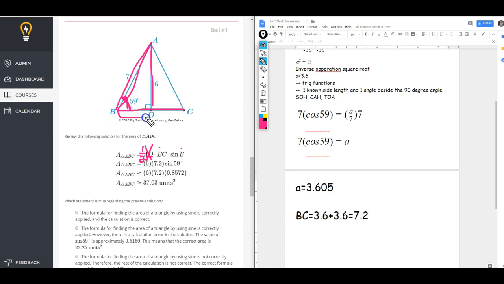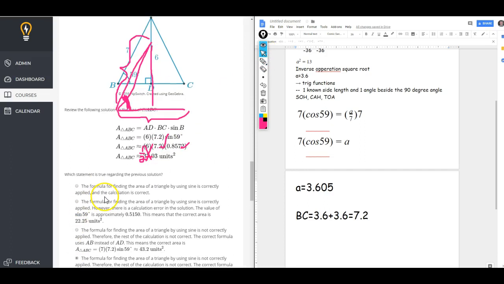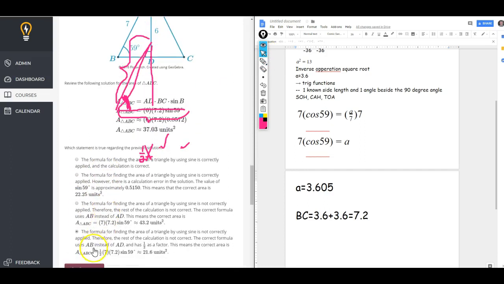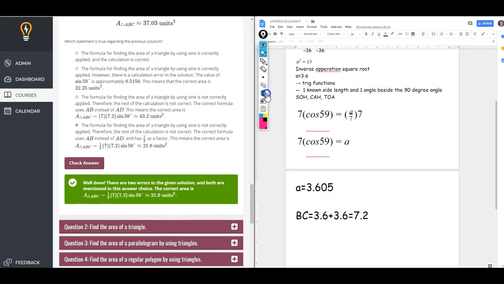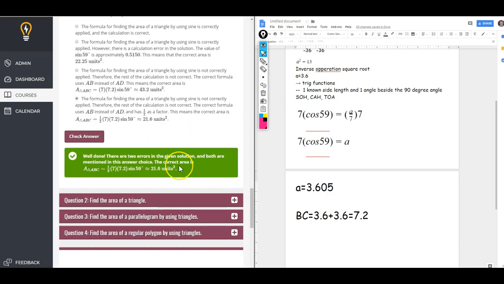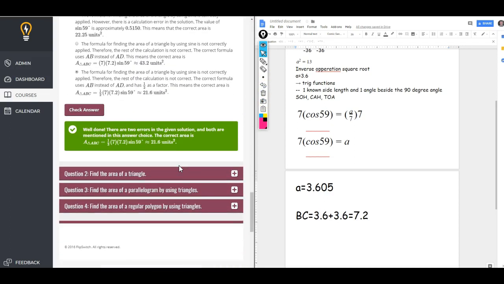BC is a side length that sandwiches in this angle, so that is correct, and our angle is given, so we have matched it. So the side length AB is the one that ought to be in for AD. So I'm looking for 1/2, and I'm looking for AB instead of AD. So that's how we go through this first question.